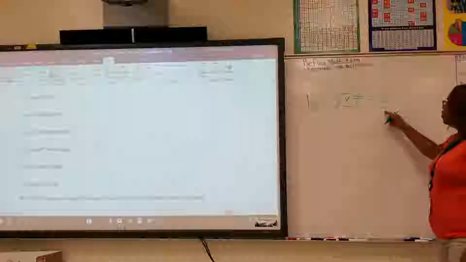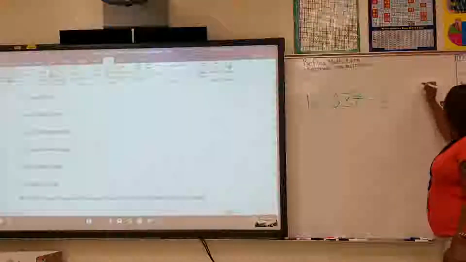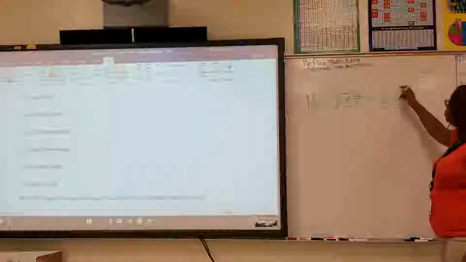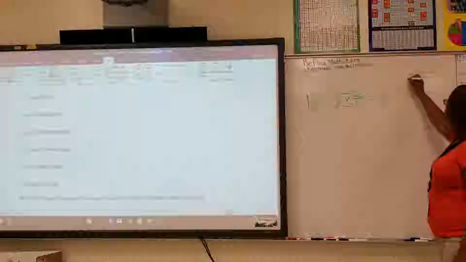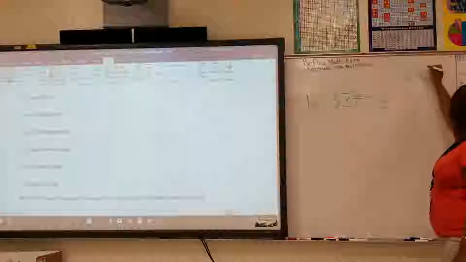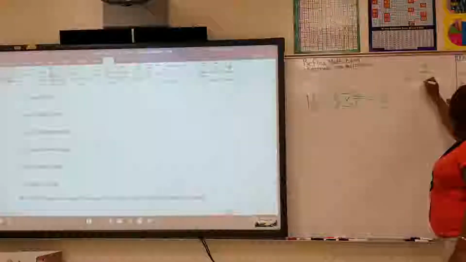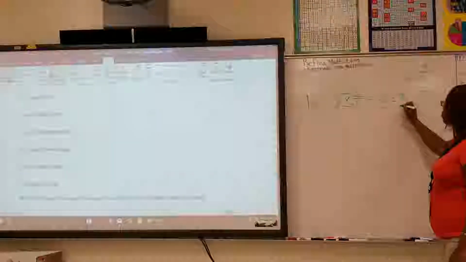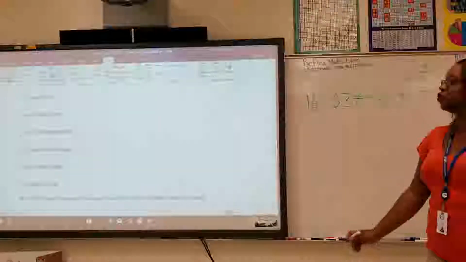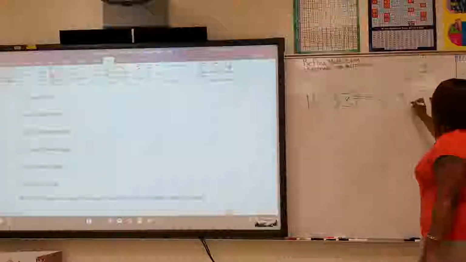We have to divide. When we divide, remember this numerator goes into the house. The denominator is outside. 2 goes into 6 3 times. 2 times 3 is 6. So therefore, we're now going to use 3 cups of flour.